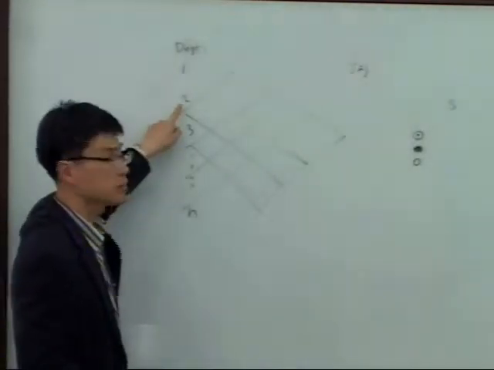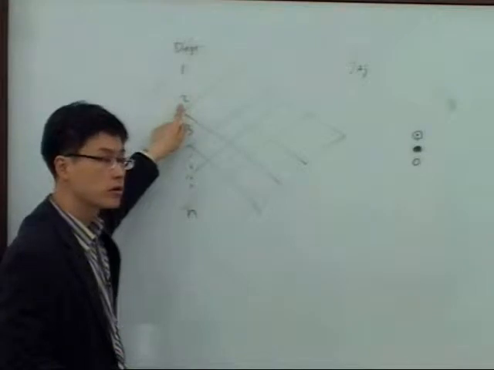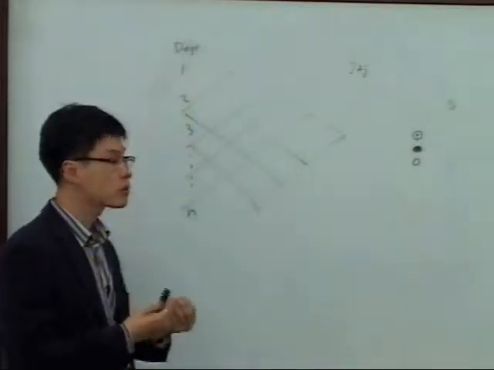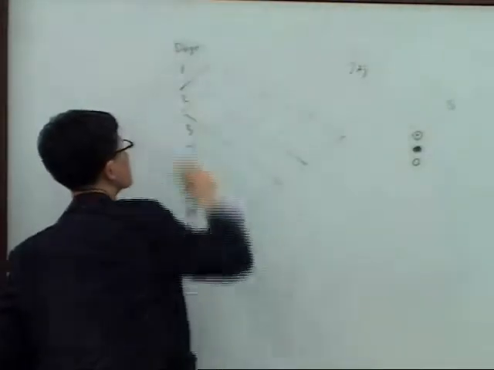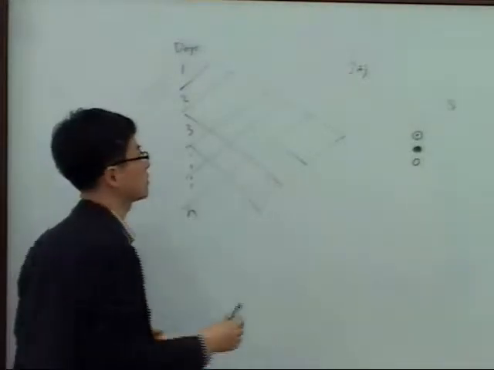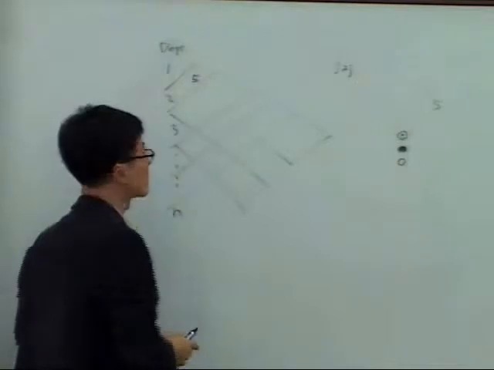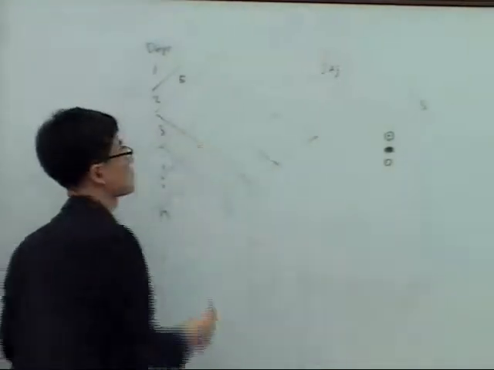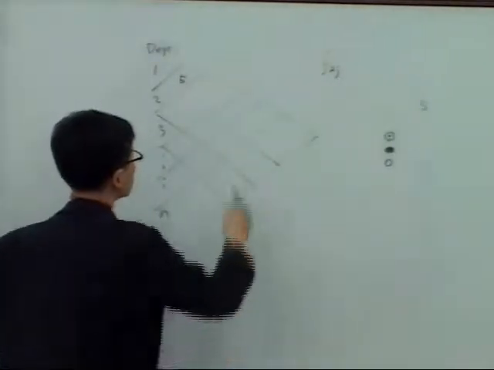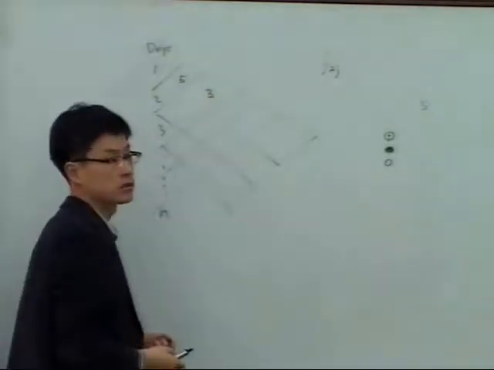If department 1 and department 2 require a very close relationship, then I can assign the number 5. If department 3 and 1, maybe a degree of 3.